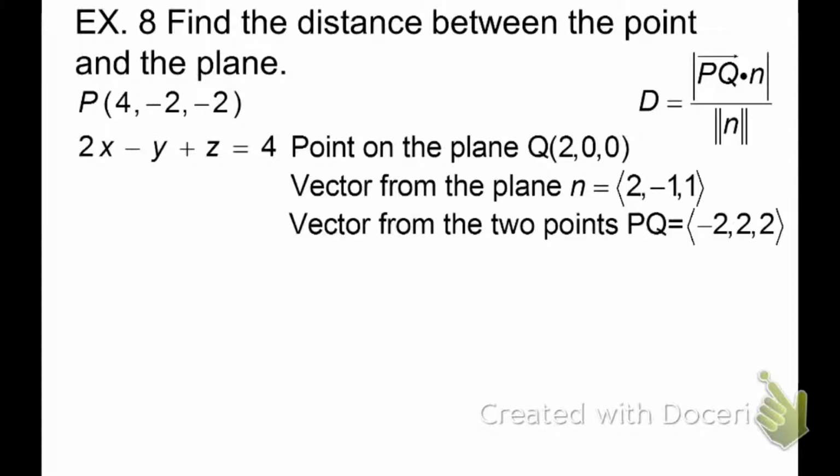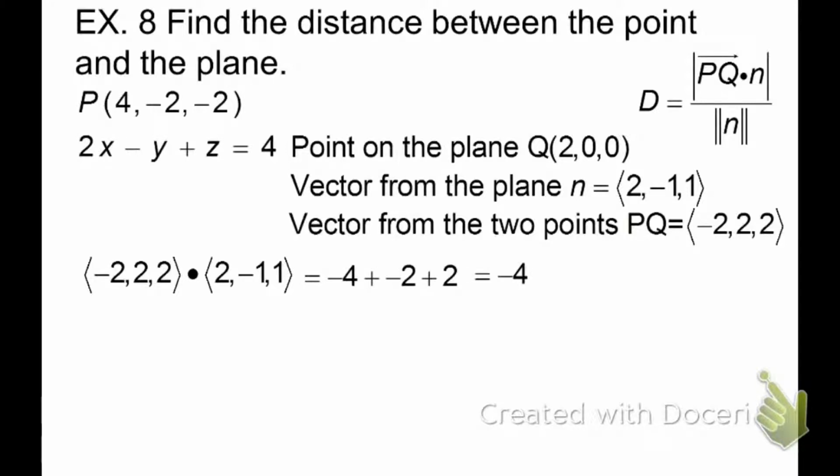That'll give me the vector PQ is -2, 2, 2. And then we're going to use the dot product of PQ with n. So when I do the dot product of vector PQ and n, we're going to do -2 times 2 plus 2 times -1 plus 2 times 1. So when I add all of that up, that equals -4.